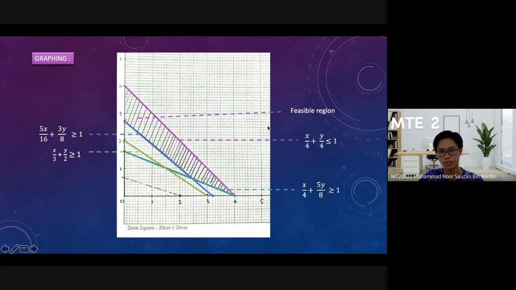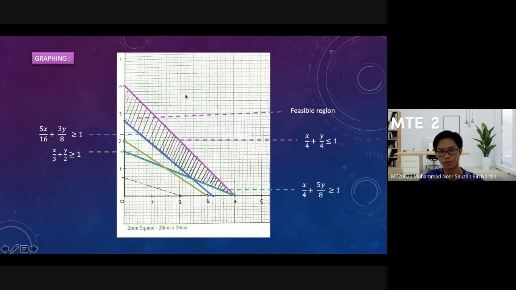So how do we actually get the feasible region? As you can see, we can start from the lowest line in the graph. I can choose this green one. It is positive because it is greater or equal to 1. So as we know, if it is positive, then we can shade the region up or to the right of the line.